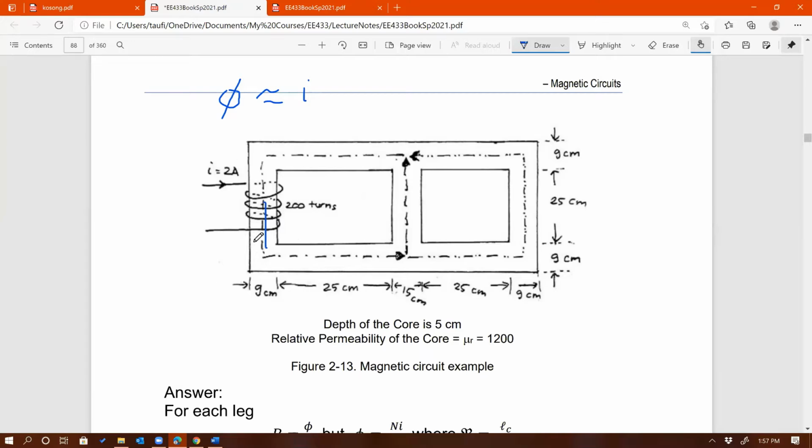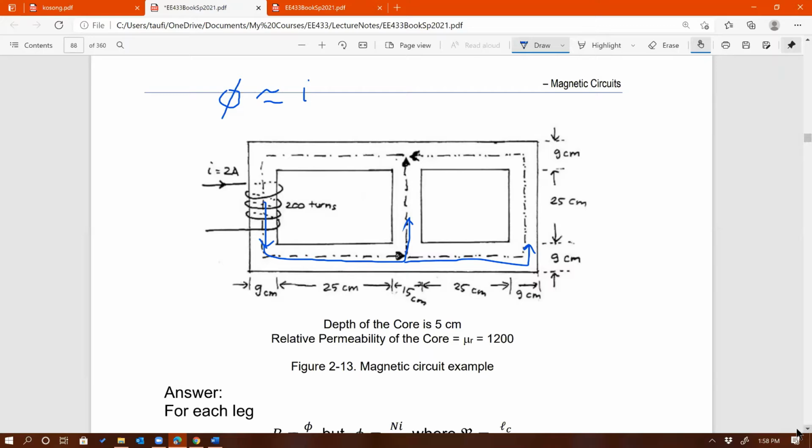Yes, so current or flux goes downward. That's the total flux, and then that flux splits, just like current will split. So by KCL, quote unquote KCL, I know that the total flux on the left must be bigger than the flux in the middle and the flux on the right side, before we even solve the problem.